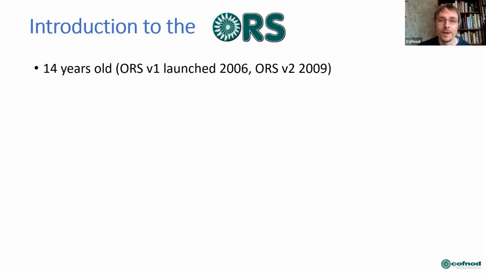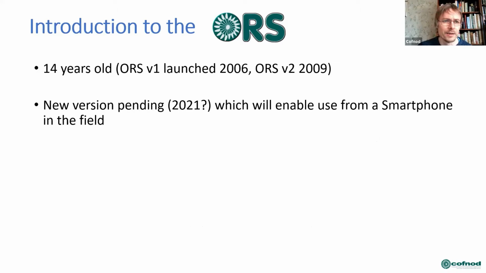So 14 years, first launched in 2006. It had a second incarnation in 2009, and there's a new version, the third version, coming in 2021. That's going to be available to use on smartphones as well. So it's one of these adaptive websites. So that should be really useful. So keep an eye out for that. It should be available shortly, hopefully.